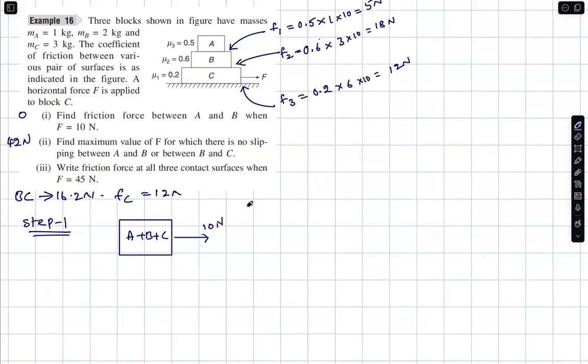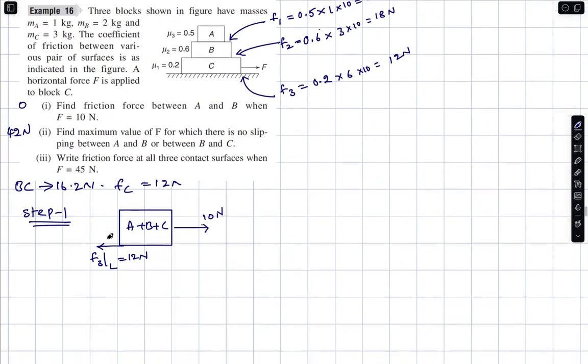10 newtons. You apply 10 newtons. The limiting value of friction here is how much? 12 newtons. Now tell me what is your comment? There are 3 blocks there.